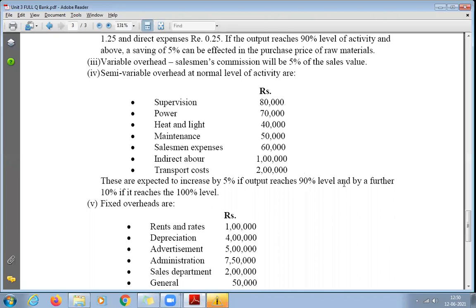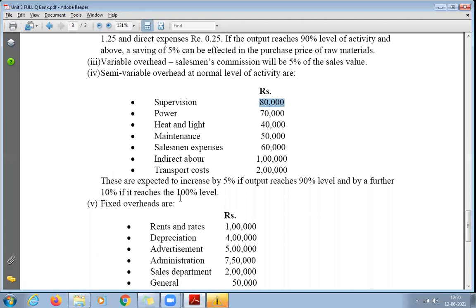And then he says, by a further 10% if it reaches 100% level. That means how will you calculate 10%? 10% on what are you going to calculate? For example, tell me supervision.